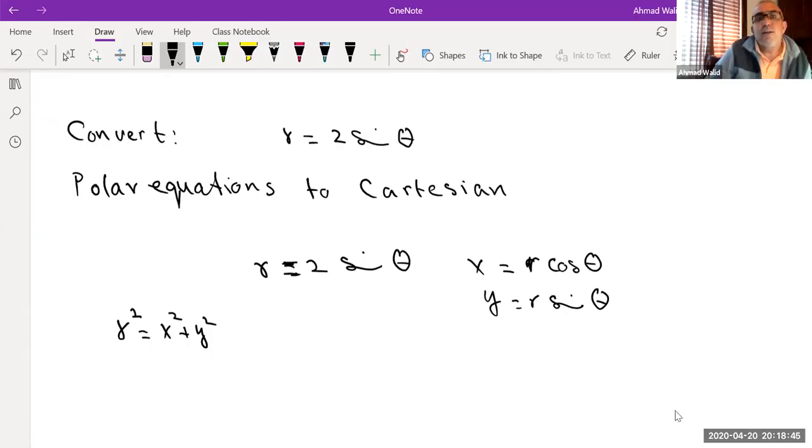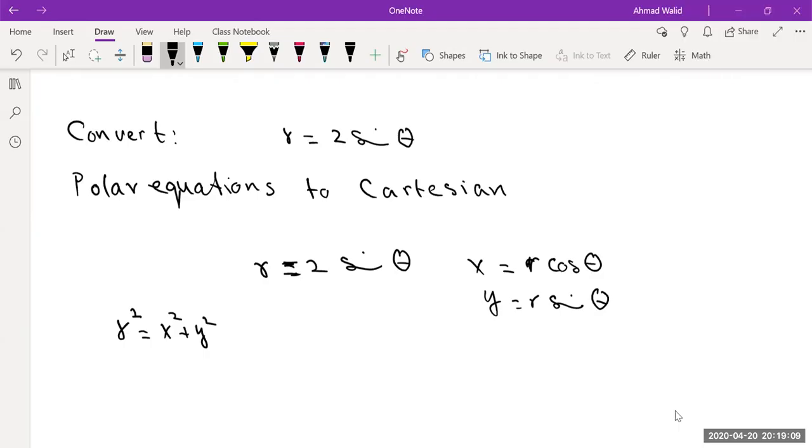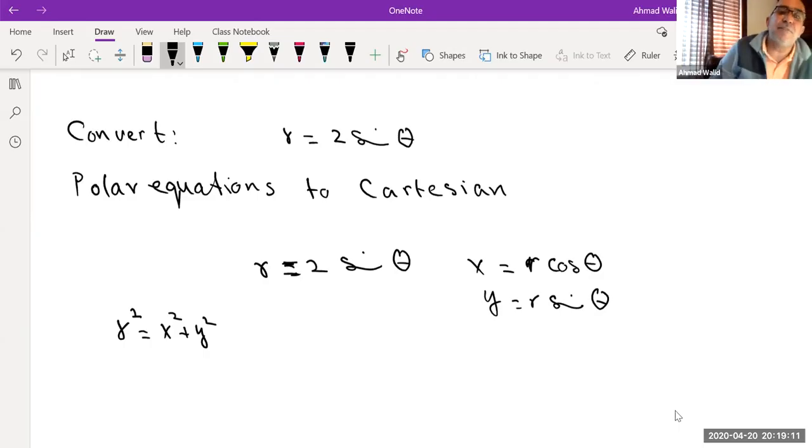Now, compare these two equations with each other. I have here r equals 2 sine theta. I have here r squared equals something. To make the left side of these two equations equal to each other, what can I do? Think about it. Plug it in. No, just make the right side of the equation the same. What can I do with this polar equation?